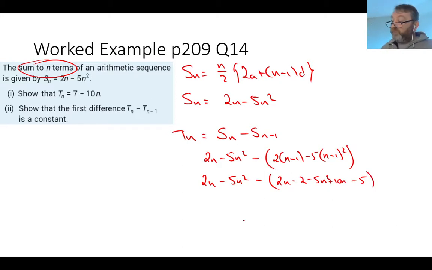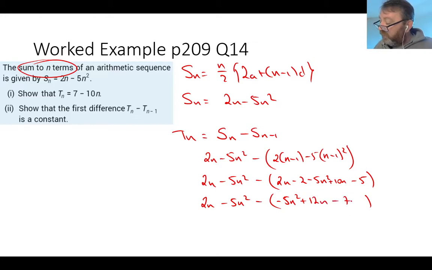All I've got to do now is tidy this up. So 2n minus 5n squared minus, let's tidy up what's in here. You've got minus 5n squared. Then 2n and 10n is 12n. And minus 2 and minus 5 is minus 7.